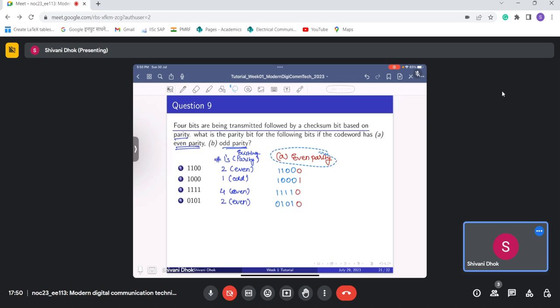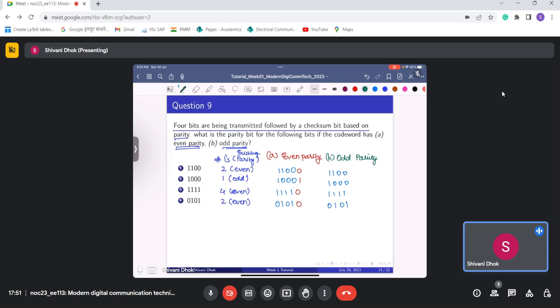Okay, now the next part is odd parity. So again I'll just write these here. Now we need to make the resultant parity odd.